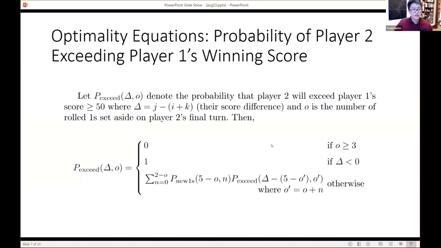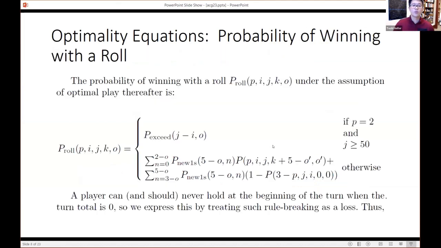So next we need to find the probability of winning with a roll, under the assumption of optimal play. Thereafter we have the PXC, taking the PXC if the player right now is player 2 and player 1 has exceeded the goal score, which is 50. So they have to exceed the player 1 score.